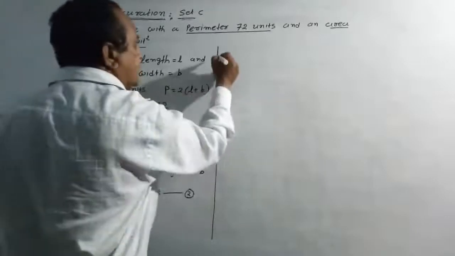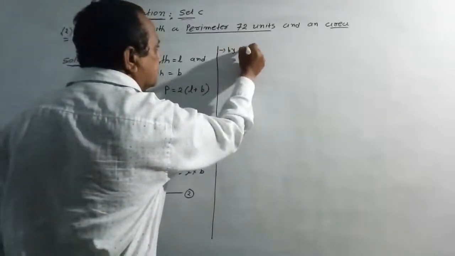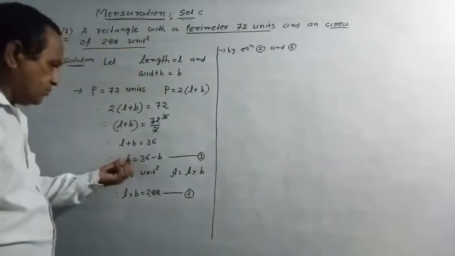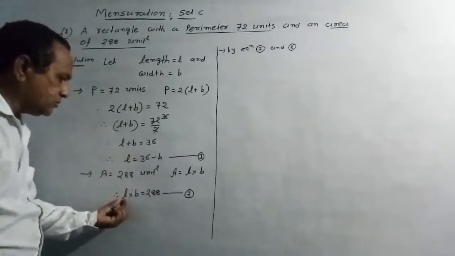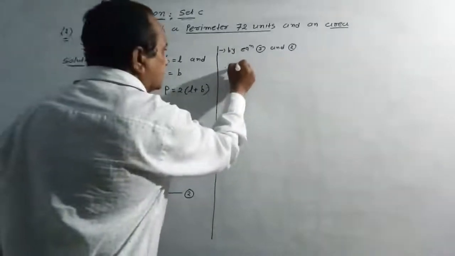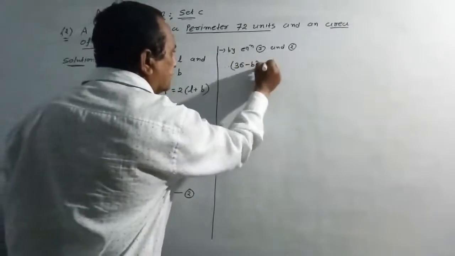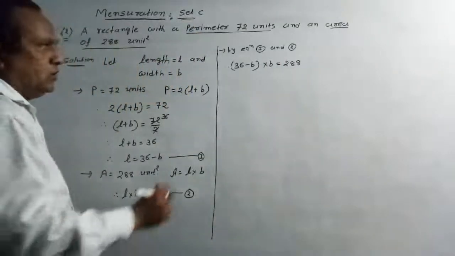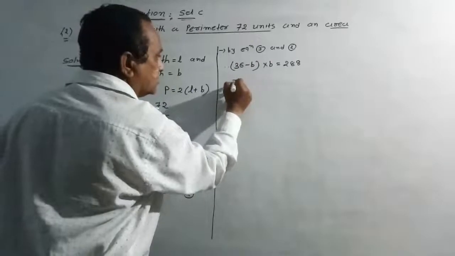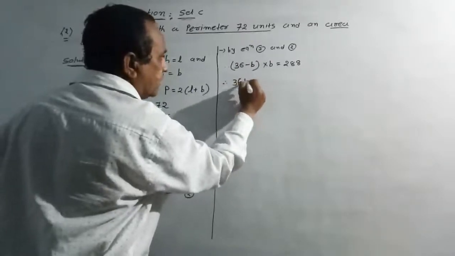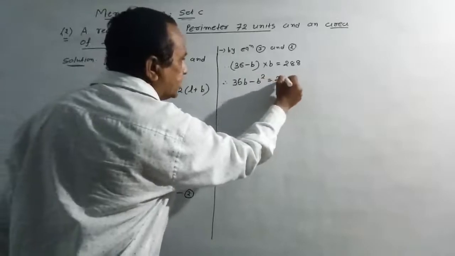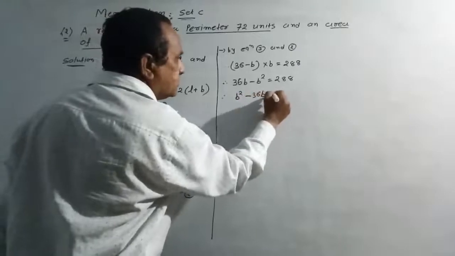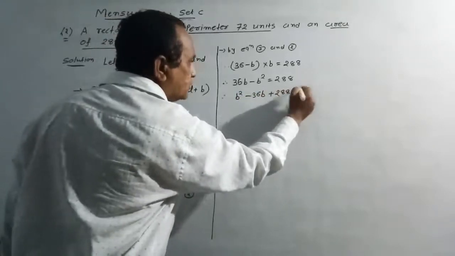Now by equation 1 and 2, put the value of L, 36 minus B. So (36 minus B) multiplied by B is equal to 288. Multiplying this, 36B minus B square is equal to 288. So the equation is B square minus 36B plus 288 is equal to 0.